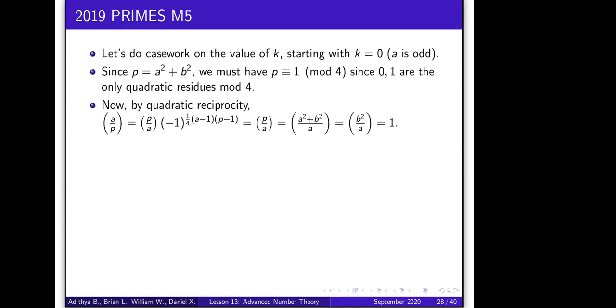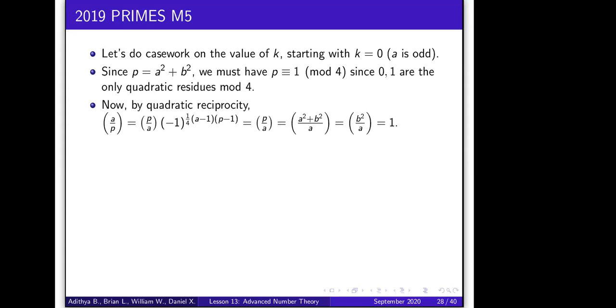But recall that P is A squared plus B squared. So this is A squared plus B squared over A. And remember that if we look at the top part, we can just take it mod A and it will be equivalent. So since A squared is divisible by A, we can reduce that to just B squared over A. And B squared over A is obviously equal to 1 because B squared is a perfect square.